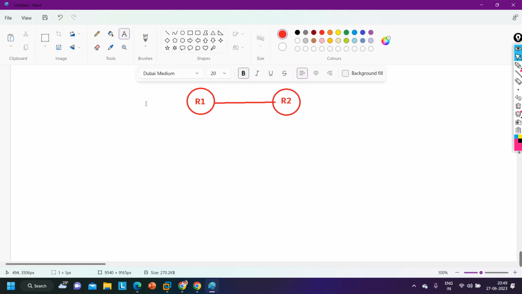We have one network behind router number 1, which is 10.1.1.0/24. Let's say this is the LAN network of the router. I am running RIP on both routers. The IP address of this interface is 12.1 and here the IP address is 12.2. I am running the RIP routing protocol on both routers.